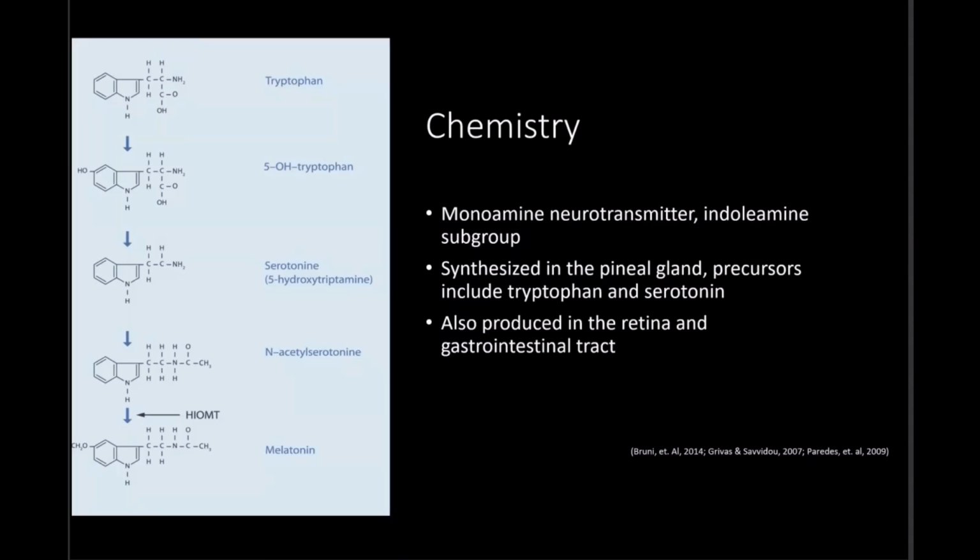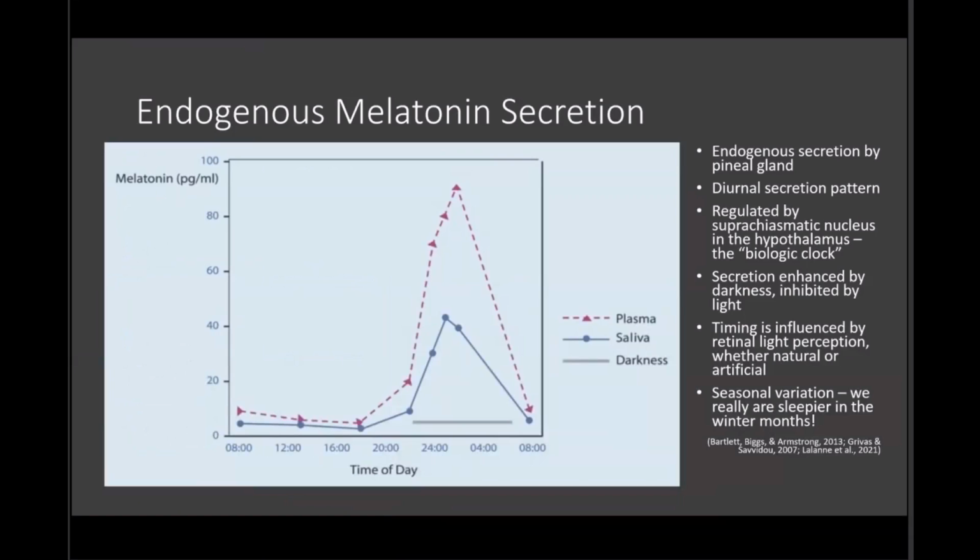Only the pineal gland and retinal secretions follow circadian rhythms in a diurnal pattern that we'll talk about in a minute, though. So this is the diurnal pattern of melatonin secretion in humans. Plasma and saliva levels are both elevated throughout the night. Hopefully you can see my cursor right here around like 7 or 8 p.m. on this graph.